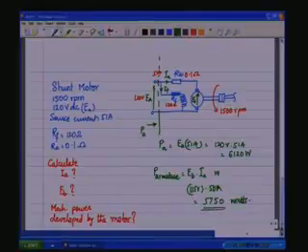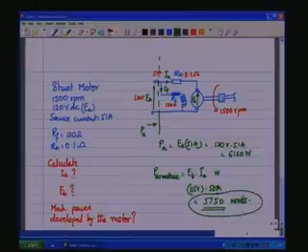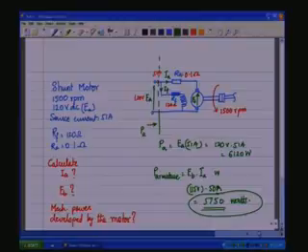So, this is the power that is delivered to the armature and will appear as the mechanical power that can be developed by the motor. So, this is your final, the third point in the question, which can be answered.